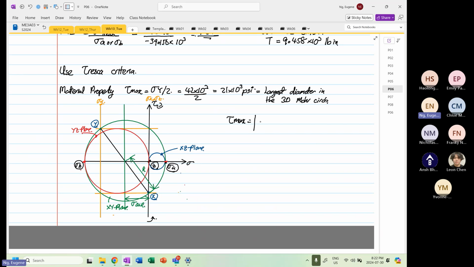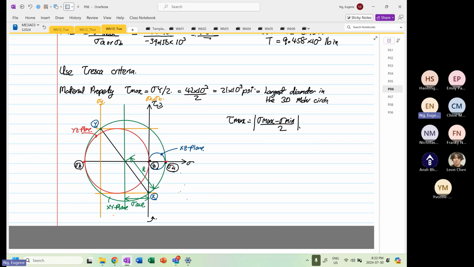is equal to stress max minus stress min divided by 2. Okay? So all we need to do now, right, and we know the expression, right? So stress max, stress min.